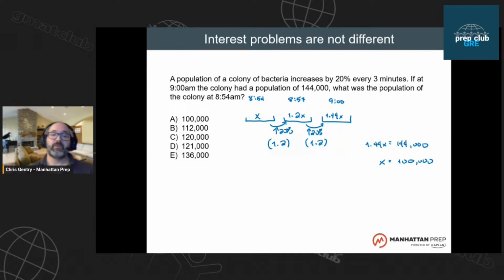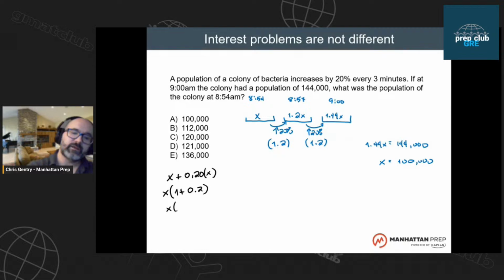So you're doing one base value, you are doing an x plus 20% of x. Factor out that common term of x, and you get 1 plus 0.2, which is the same thing as multiplying x by 1.2.